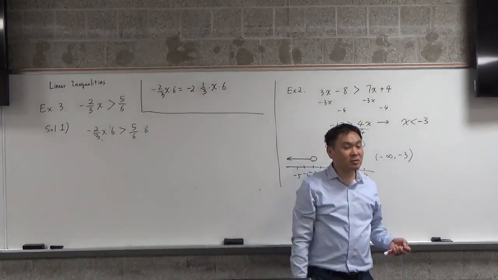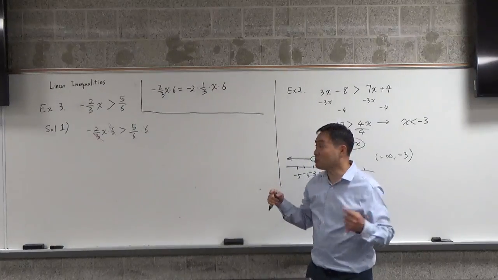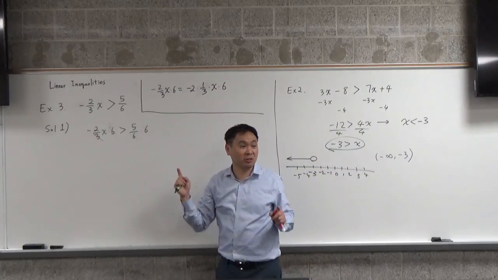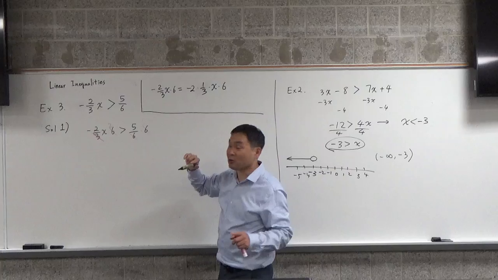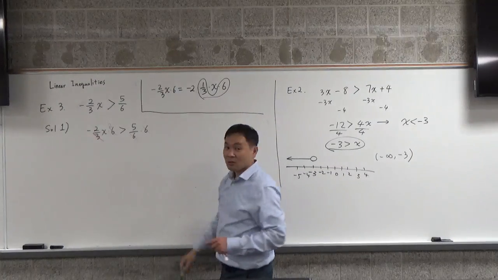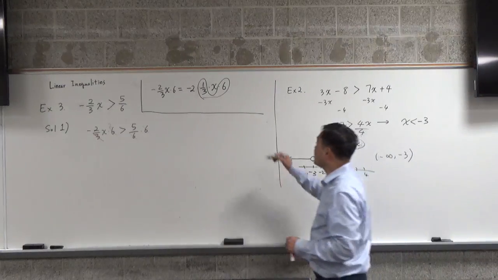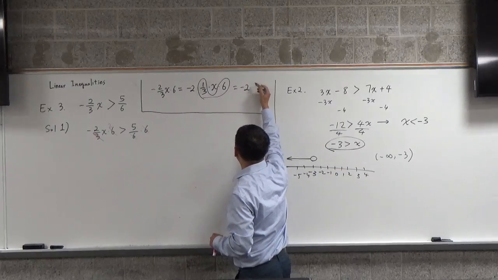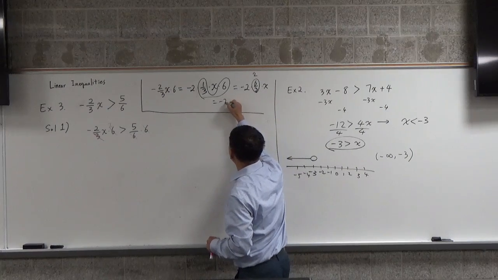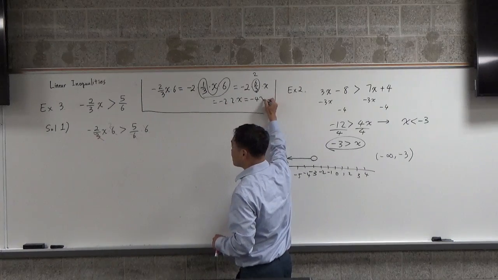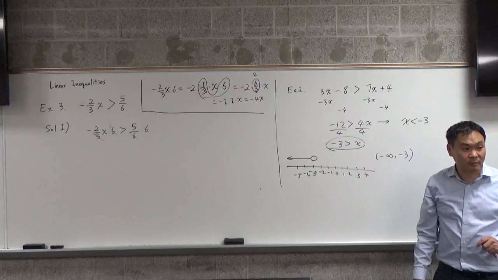Multiplication is commutative and associative, which means that multiplication can be done in any order. The easiest one to do first is these two, because 6 divided by 3 is 2. So you end up with negative 2 times 2, times x, which is negative 4x. That makes the calculation a lot easier.